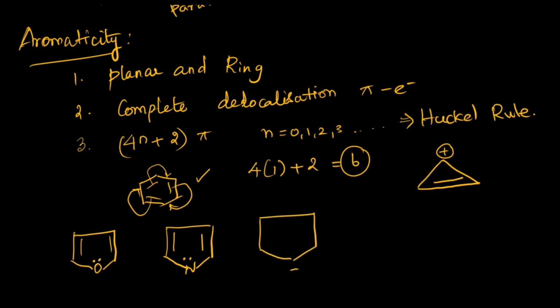These are some aromatic compounds. What if a compound is ring, planar, and has other qualities, other criteria: complete delocalization, conjugated pi system, ring, planar and everything, but it is not satisfying the 4n plus 2 pi electron rule, Huckel rule?